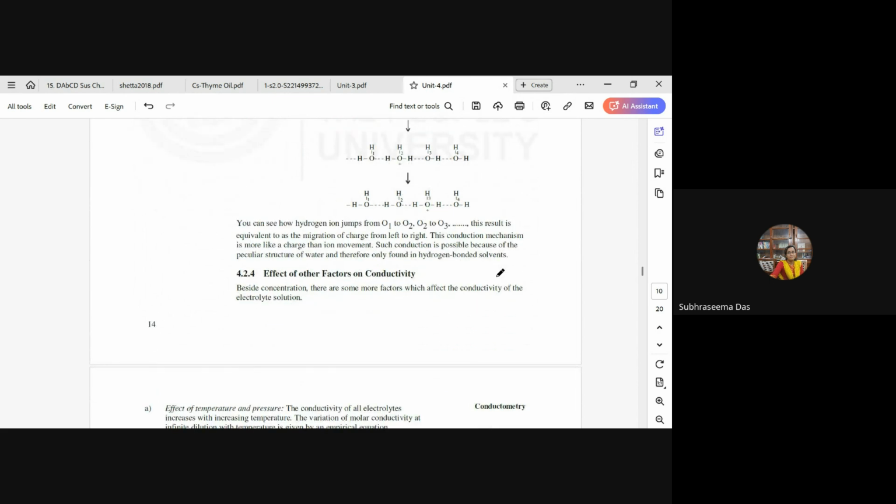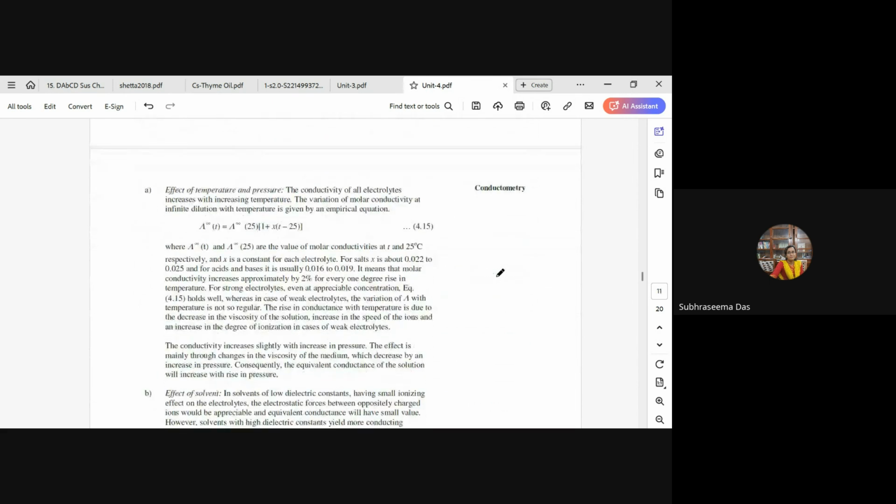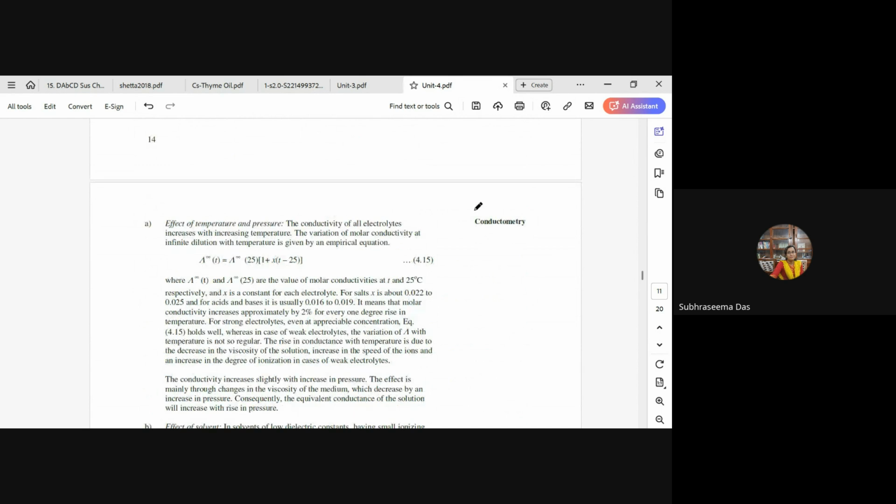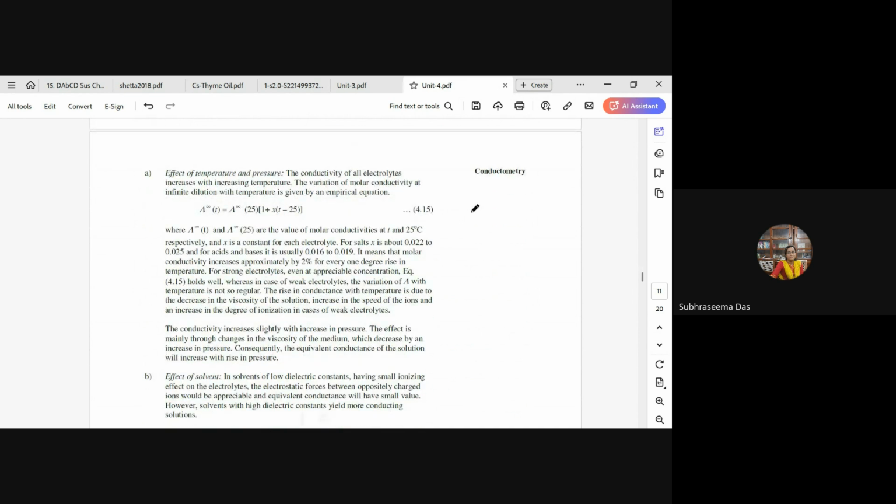Then, effect of other factors on conductivity. First is the effect of temperature and pressure. The conductivity of all electrolytes increases with an increase in temperature.